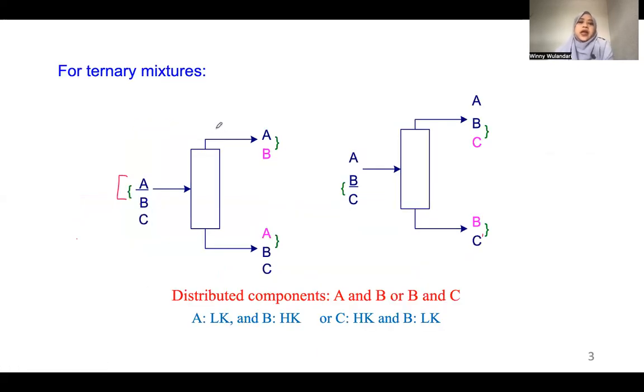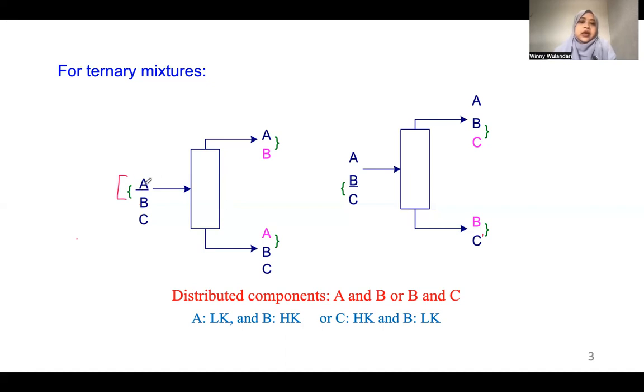Okay, so what happens if you have a ternary mixture, if you have three compounds? There are two possibilities. The first one is the separation between A and B, or the separation between B and C. If you want to separate between A and B, you will get a distillate very rich in A, almost all of component A will go into the distillate because A is more volatile than B. And then you will have a little bit of B in your distillate, and that is called the heavy key in the distillate.